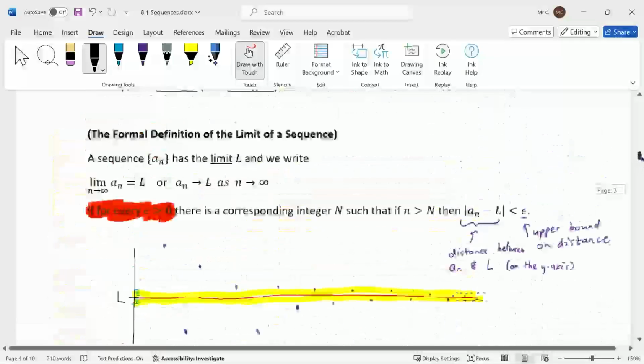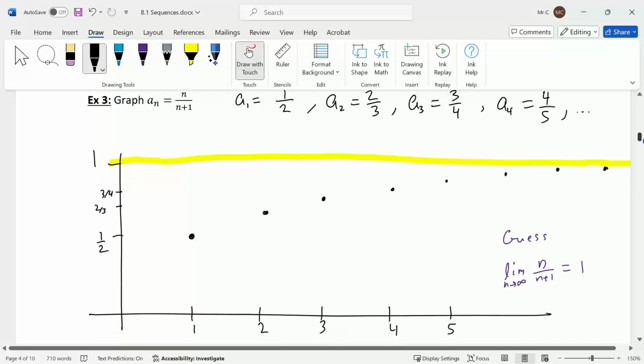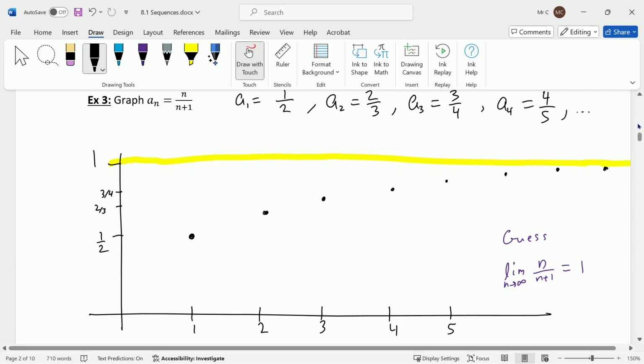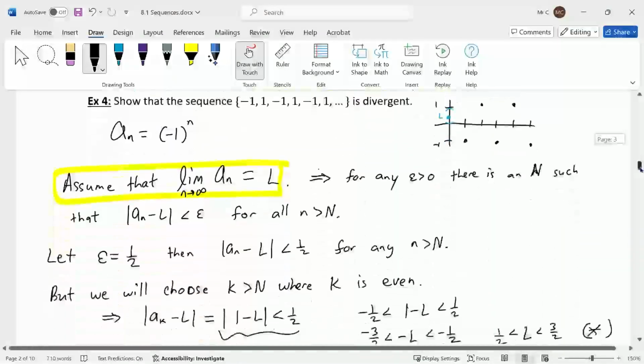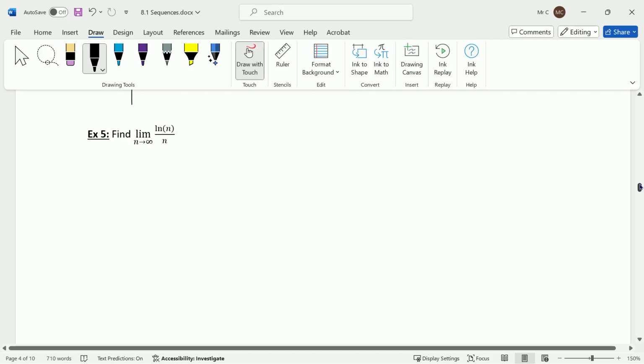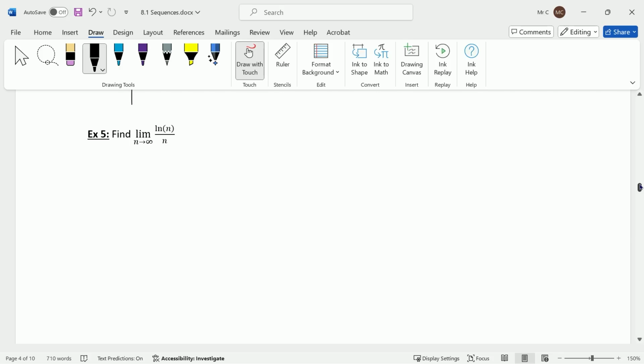Keep in mind, if we go back to some of our earlier graphs, sequences show up graphically as distinct points. There's no continuity and hence no differentiability. So sequences themselves are not differentiable. Neither are they continuous. So if I want to use L'Hopital's rule, I have to first consider a function that is differentiable.